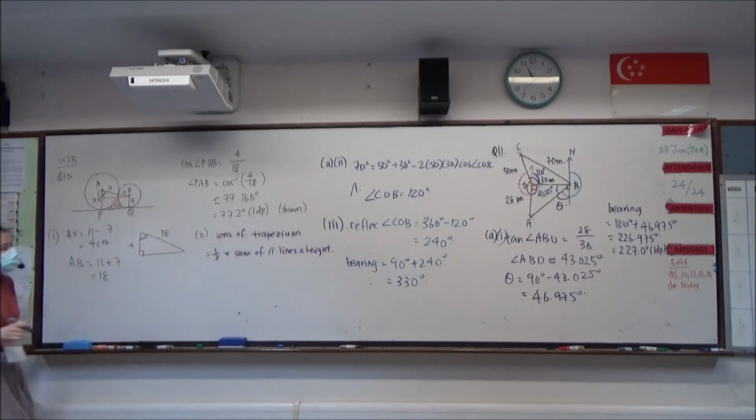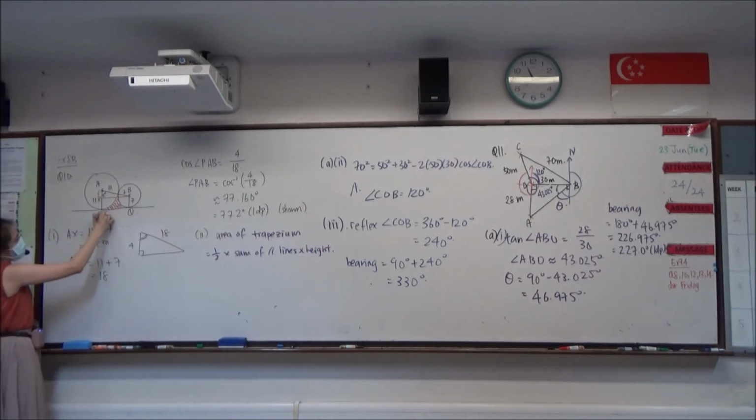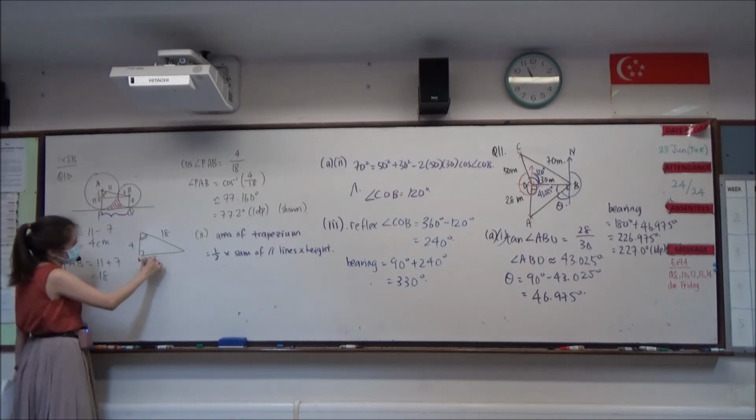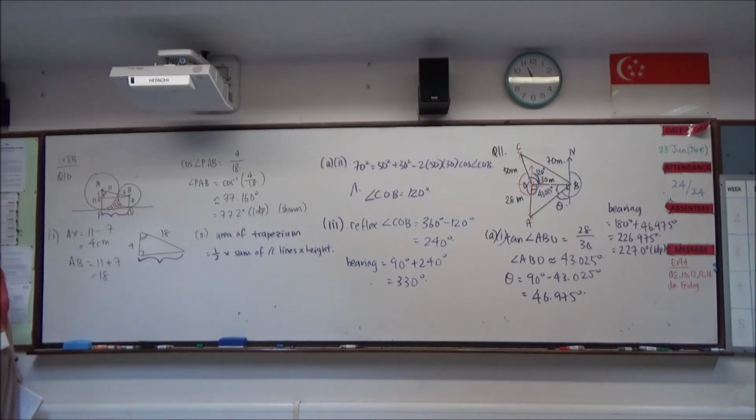But the height, which is perpendicular, is actually the length PQ, which we do not know. But we can find it because it is the same as this length in the right angle triangle.